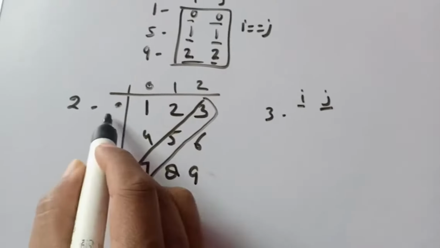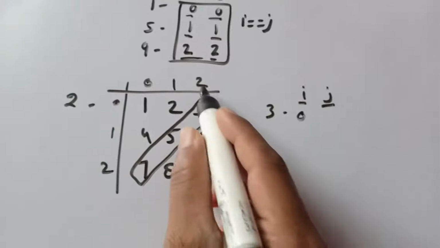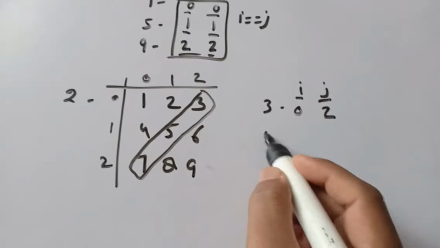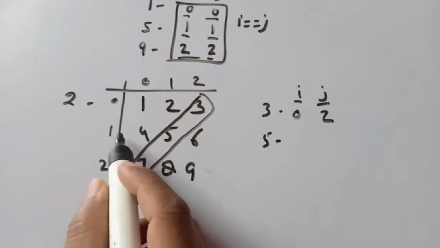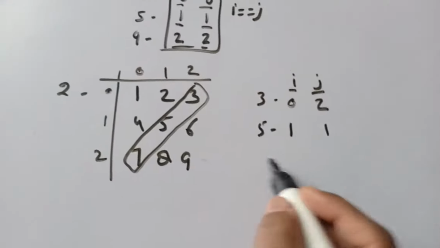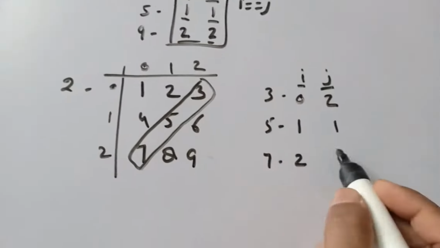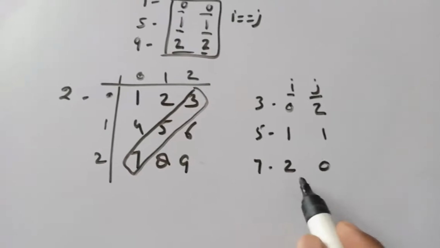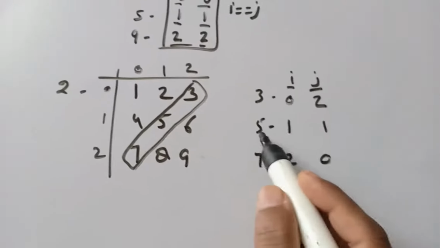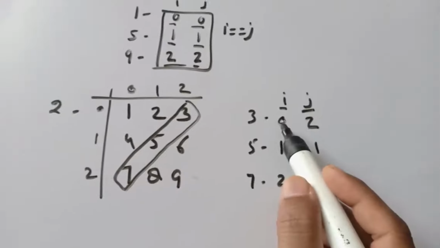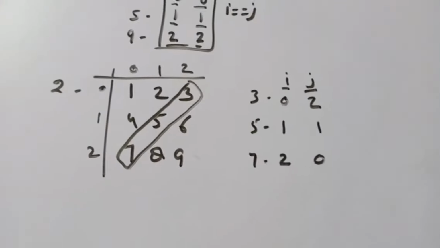For 3, the address of I is 0, J is 2. For 5, I is 1, J is 1. And for 7, I is 2, J is 0. So at address 20, 7 is placed. At address 11, 5 is placed. And at address 02, 3 is placed.